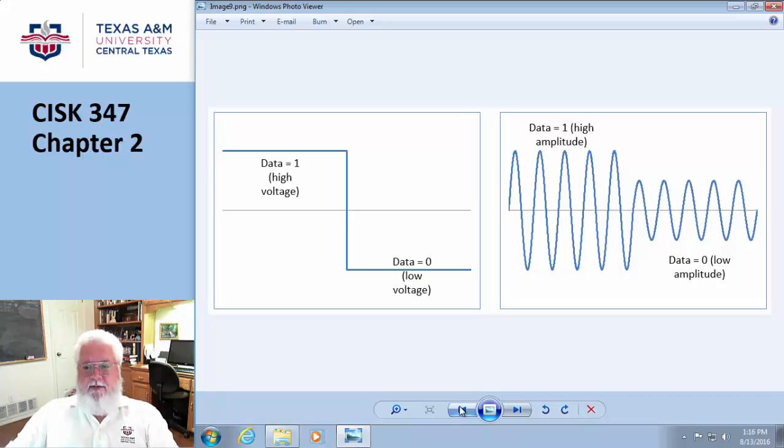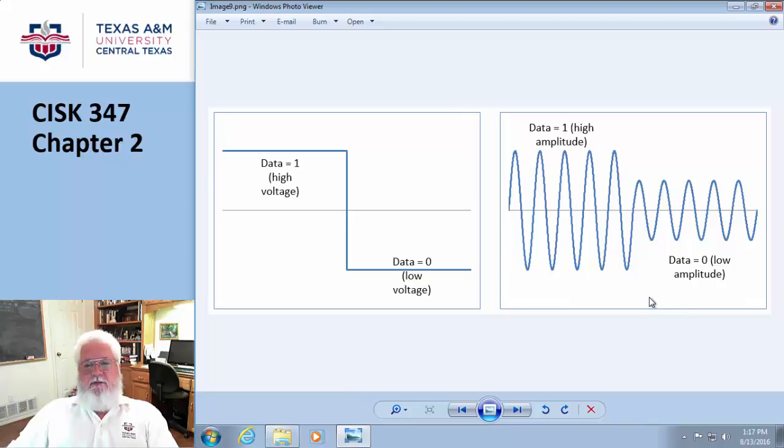Okay, analog. I'm not going to go through all the physics, but waveforms have three things. They have amplitude, which means up and down. They have frequency, which means how spread out they are, and then they have what's called phase, which means has it been shifted. In this example, it looks like the frequency remained the same, and just the amplitude changed.